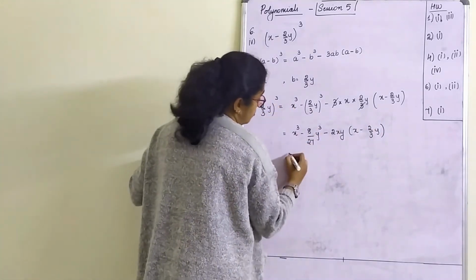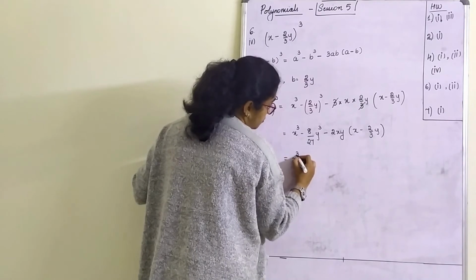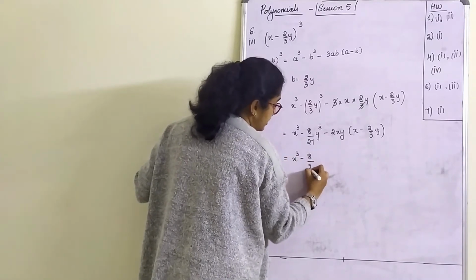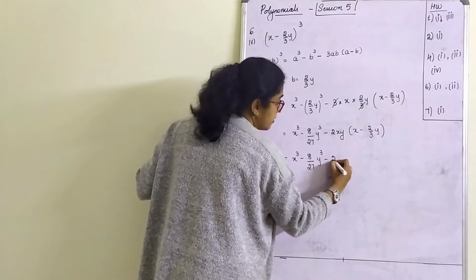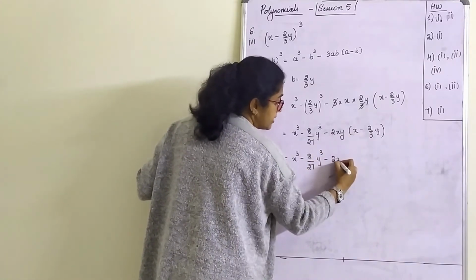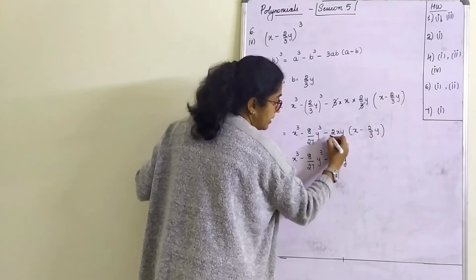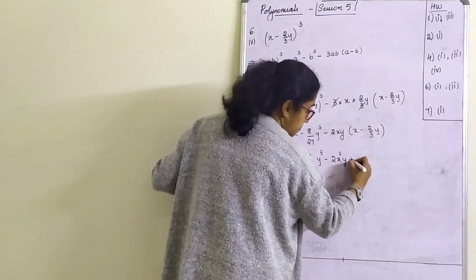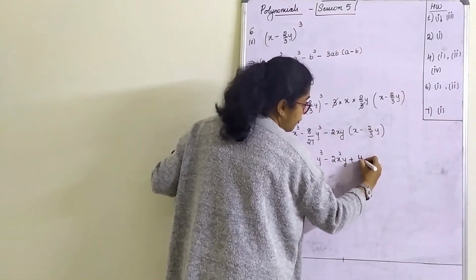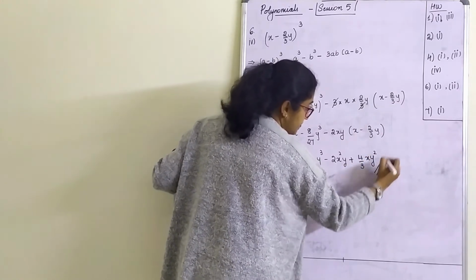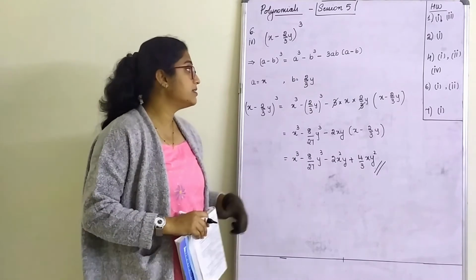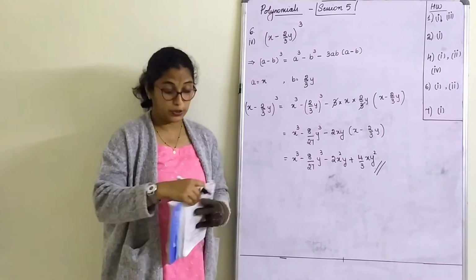Okay, so next: x cube minus 8 by 27 y cube minus 2xy into x, 2x square y minus into minus, plus 2 2s are 4 by 3 x y square. This is the answer for (a minus b) whole cube.